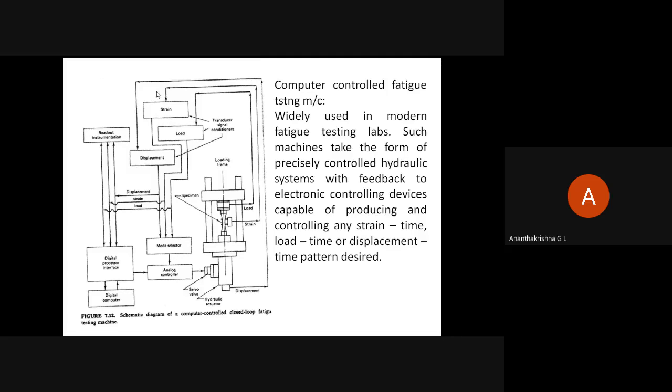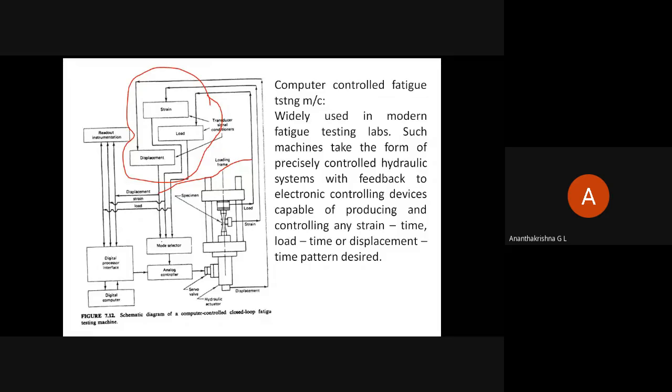From here you need not write these three: load, strain, and displacement. From here you can directly connect to this readout instrument and then bring it to one bar. You can bring it to the mode selector. You can avoid this much of the circuit. Directly from load you can connect it over here, and then it will go to the readout instrument, and then one will go to the mode selector.